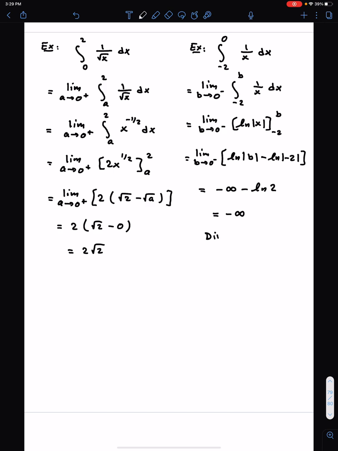So this integral is divergent, or this integral diverges. And then if there's an integral, let's say 1 over x from negative 2 to 2, I would have to split it up at 0, since 0 is where the discontinuity is.